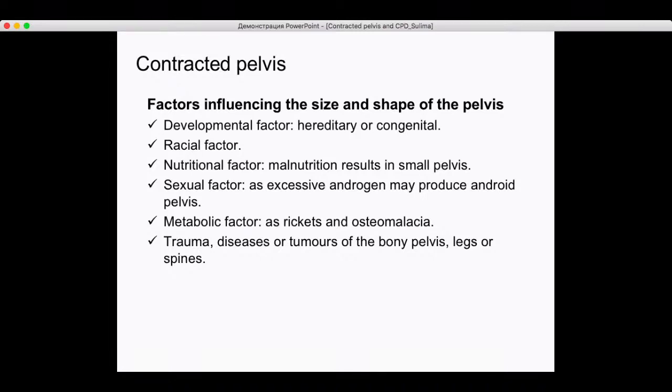Of course, metabolic disorders such as rickets or osteomalacia have a very big influence on changing the pelvis. Trauma, disease, tumors of the bony pelvis, legs or spine also have a big influence on the size and shape of the pelvis.